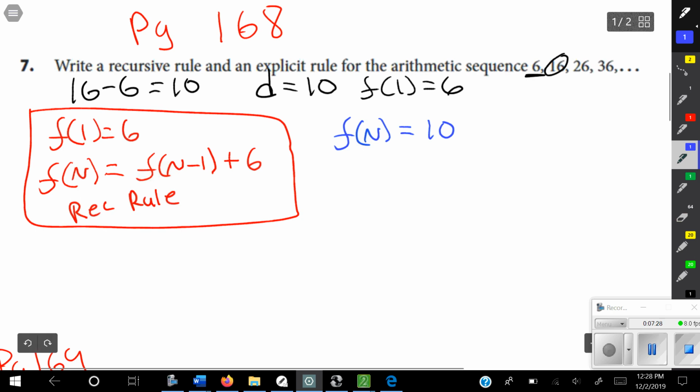And then we go ahead and add that common difference, which in this case is 10, I'm sorry, 6, times n minus 1.